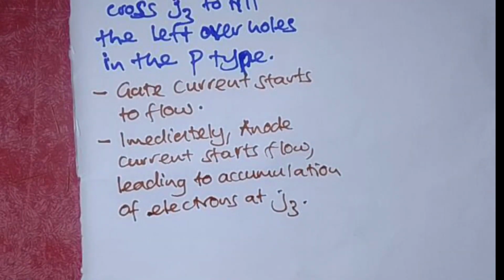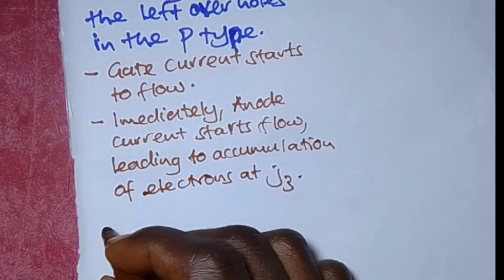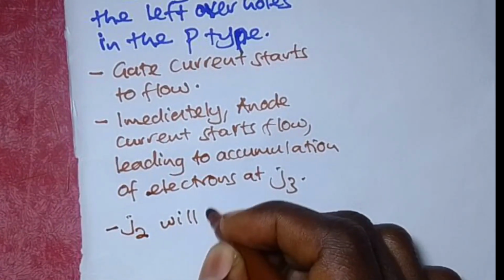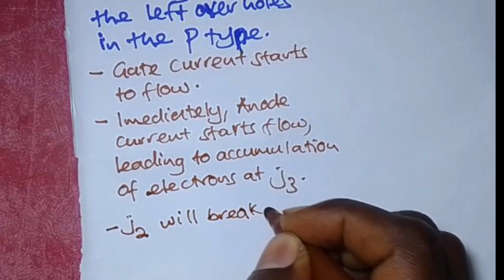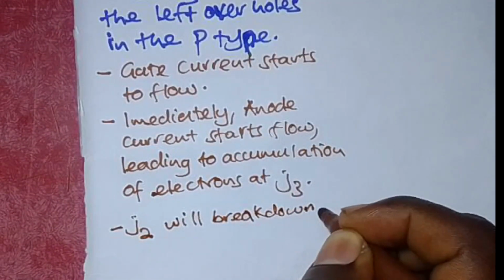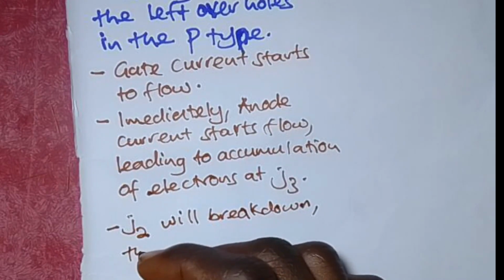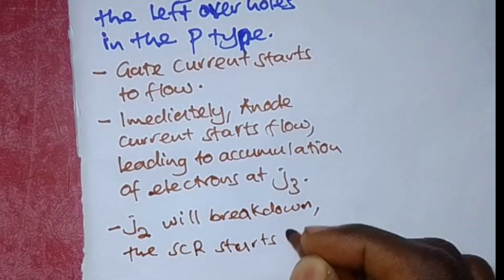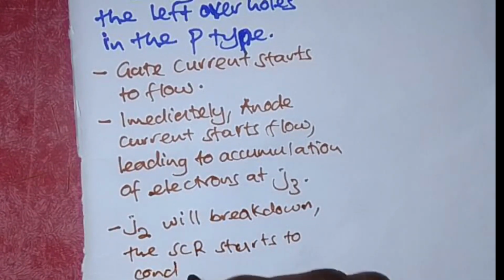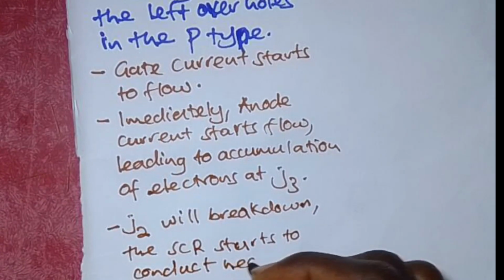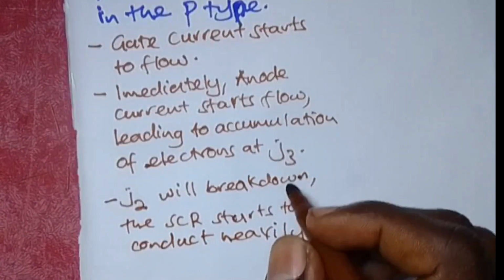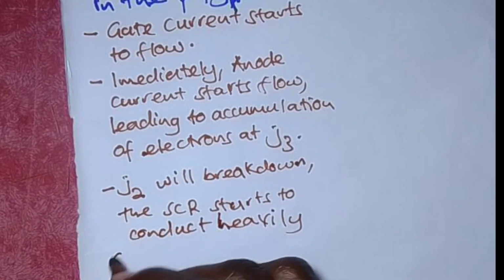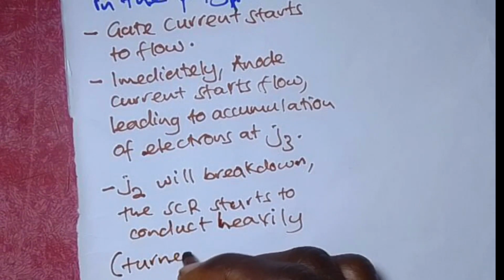When electrons accumulate at J3, junction J2 will break down. And after breaking down, the SCR starts to conduct heavily. If the SCR starts to conduct heavily, it is said to be turned on.